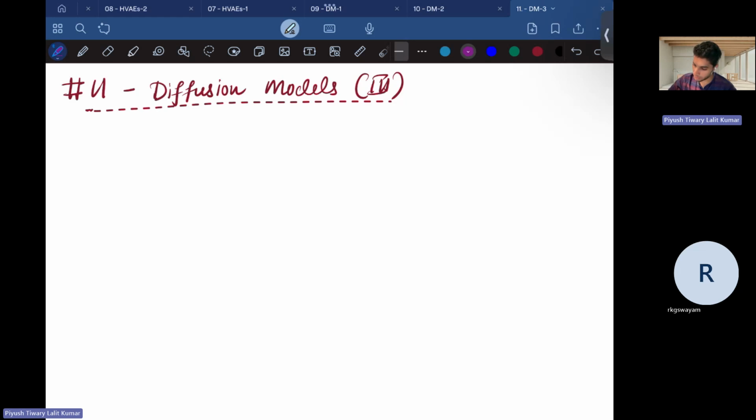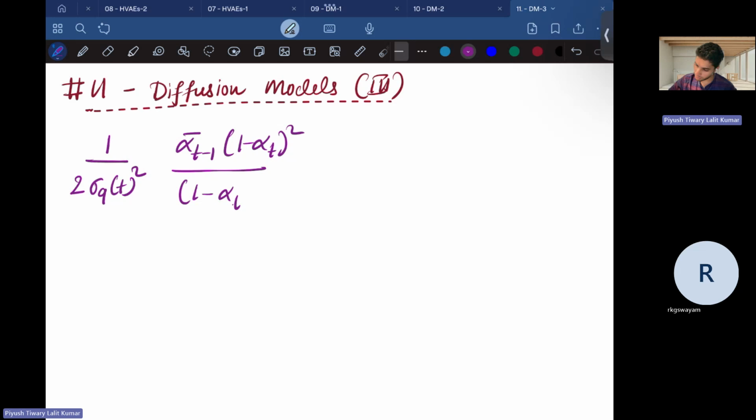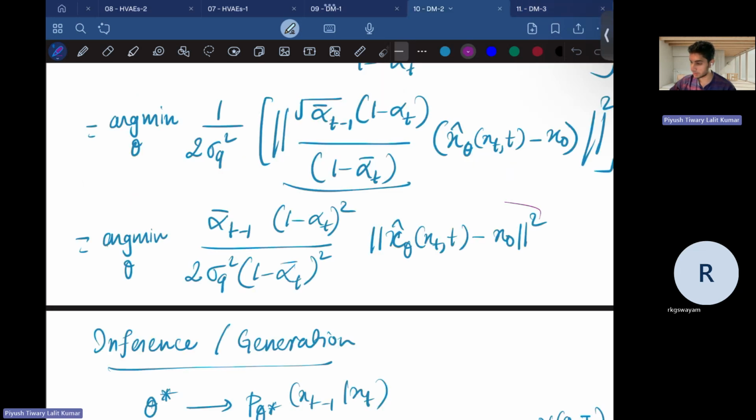So this is 1 by 2 sigma q of t square, alpha t minus 1 bar into 1 minus alpha t whole square divide alpha t whole square over 1 minus alpha t bar, into norm of x theta hat of x t comma t minus x naught, whole norm whole square. This is what our loss function is.